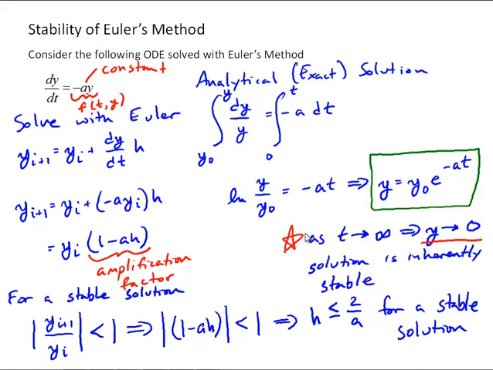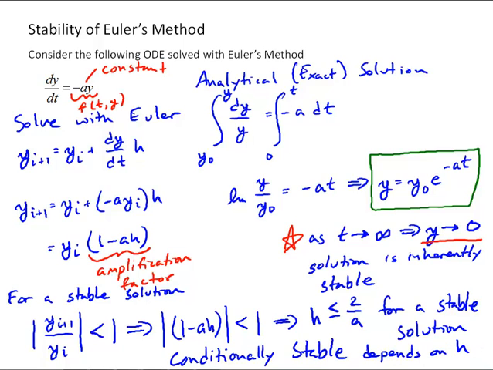So we would say that for this differential equation, Euler's method is conditionally stable, and that stability depends on h.